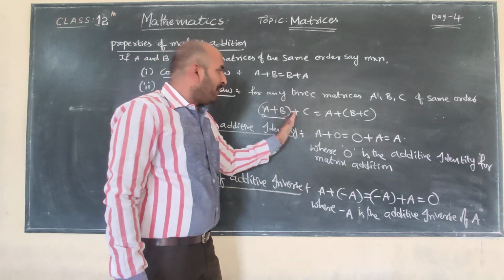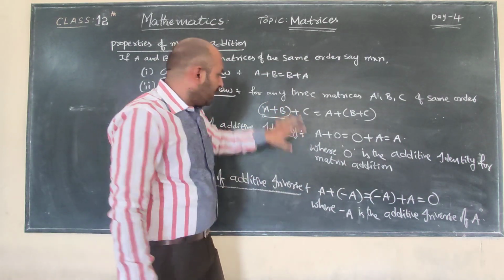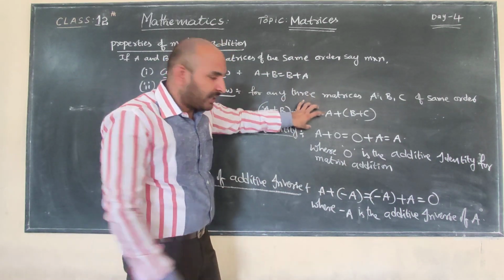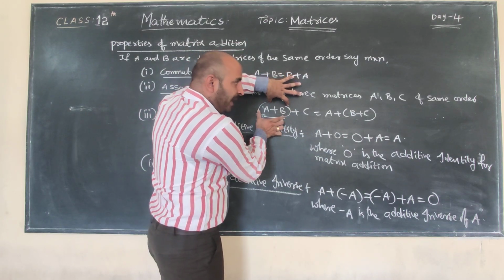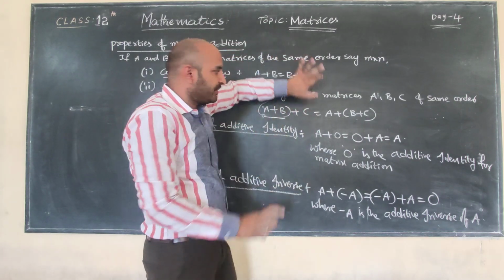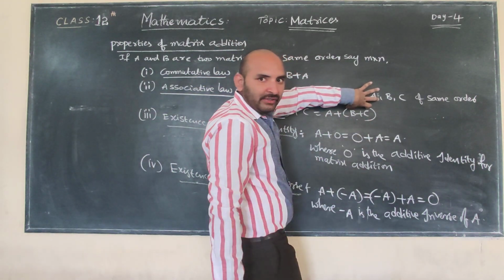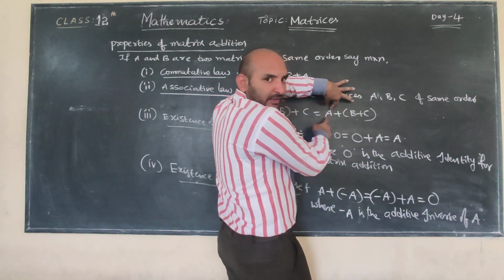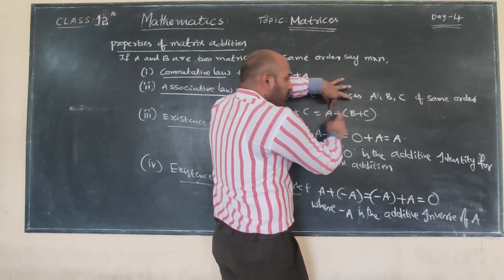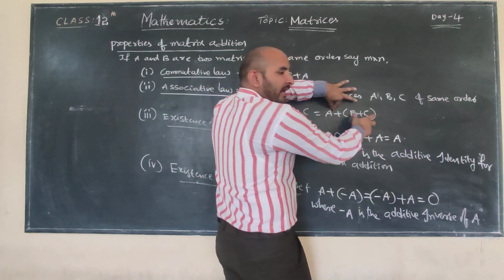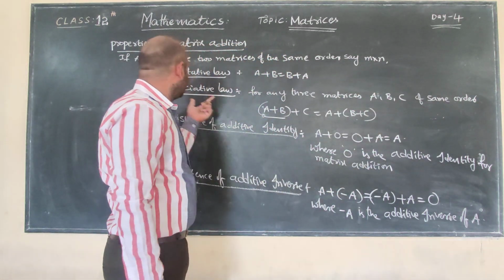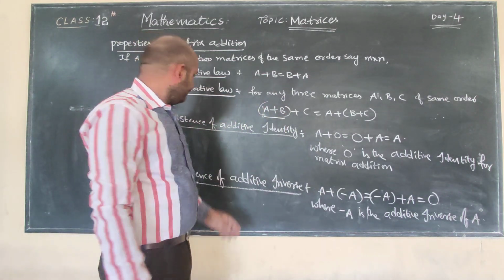(A plus B) plus C is also a matrix. It is equal to, first find B plus C, which is a matrix, next adding it to the given matrix A. So the addition A plus (B plus C) is also a matrix. This is the associative condition.